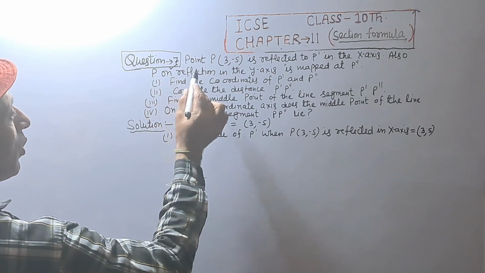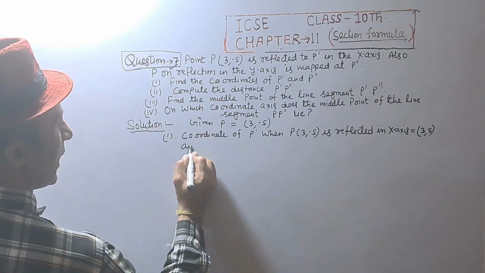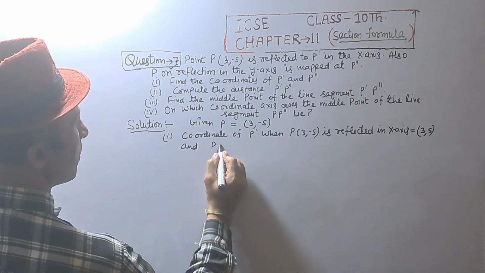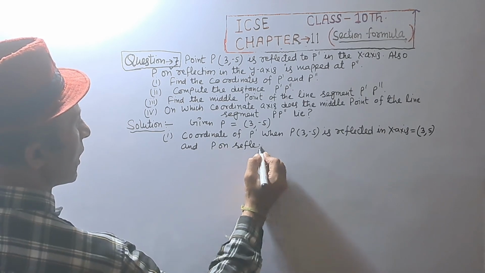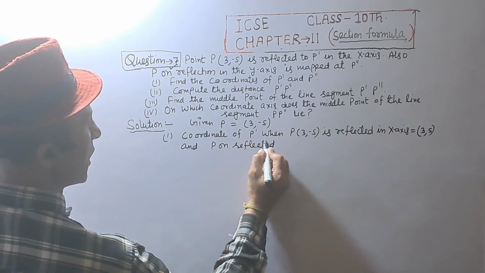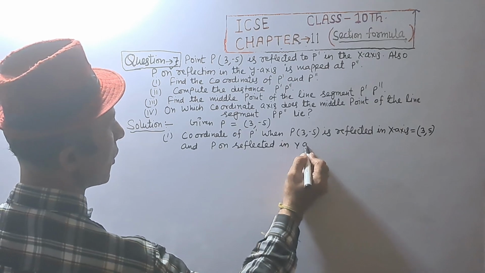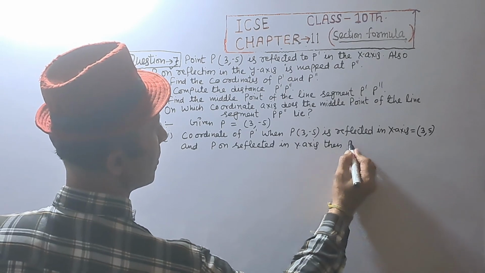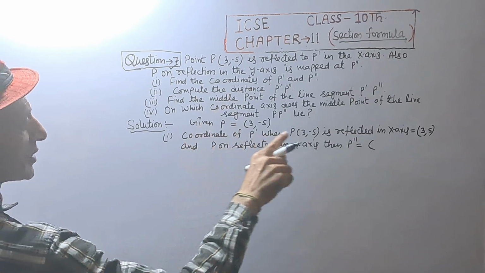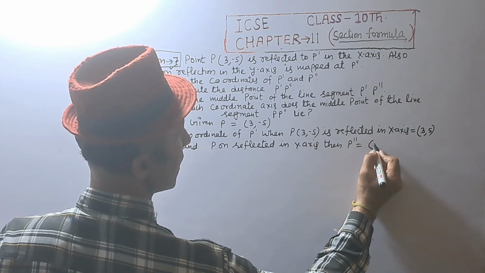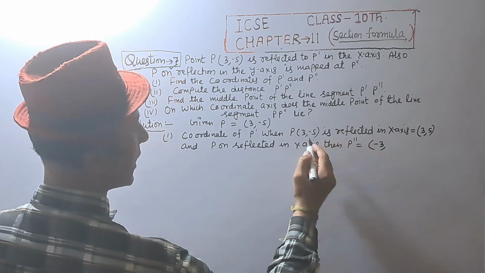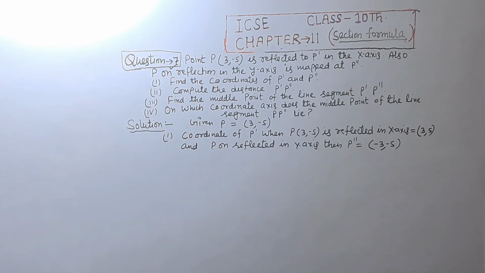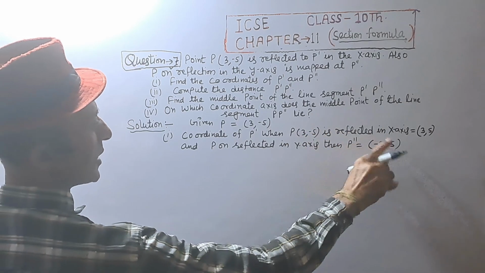And also P on reflection in the y-axis. When P is reflected in the y-axis, then P double dash is equal to (-3, -5). The x-coordinate will be negative and minus 5 is as it is.